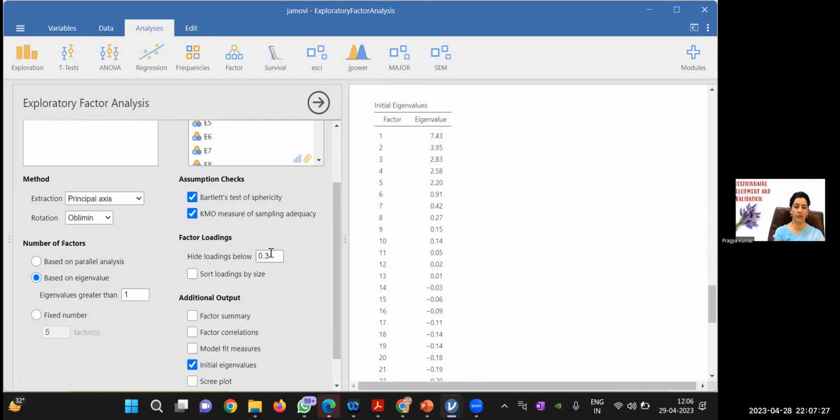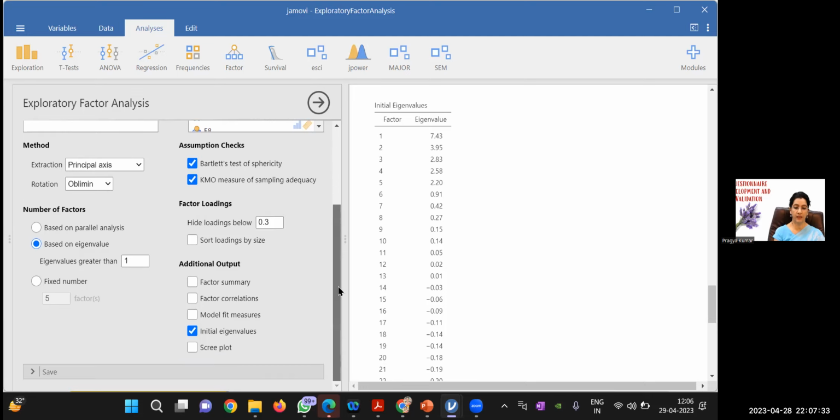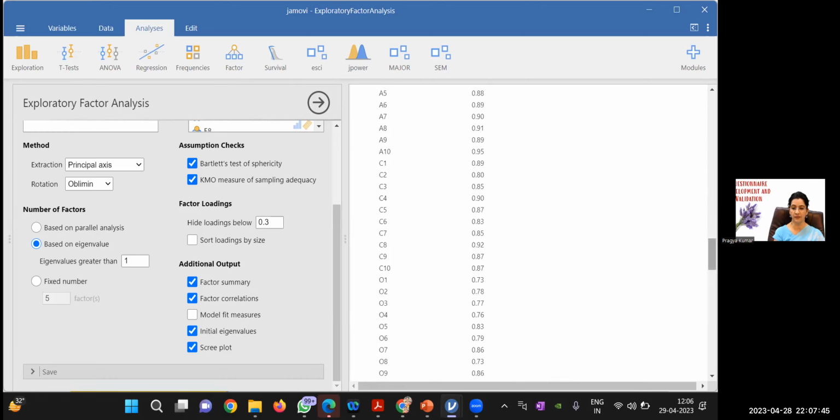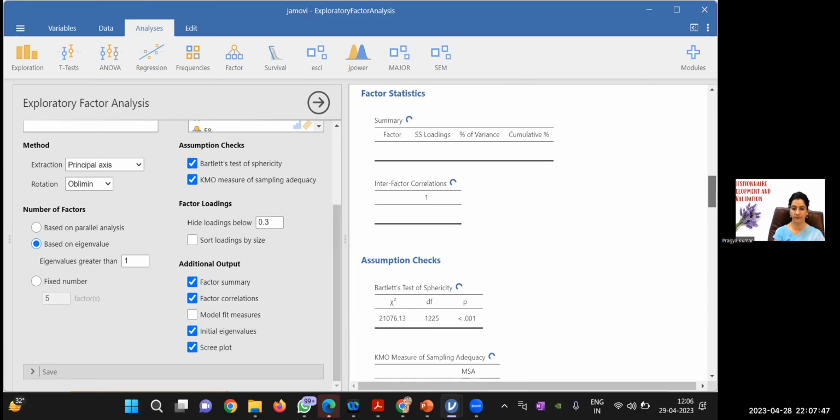Then coming to the factor loading, you have decided that you will have a table with factor loadings more than 0.3. Then in the additional output you see the factor summary, factor correlation, scree plot. Model fit I'm not clicking, because generally we see this in confirmatory factor analysis.